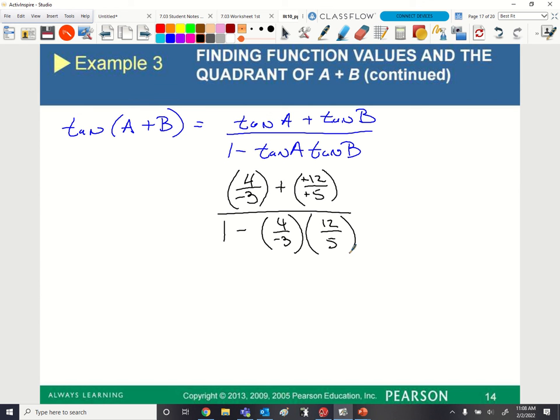Since it's division, it's the same rules as multiplication, so two negatives together give me that positive.